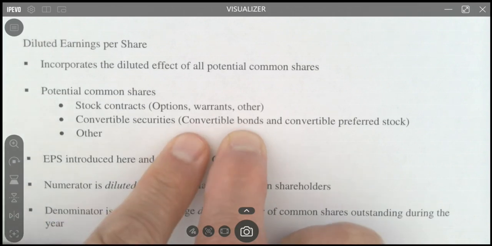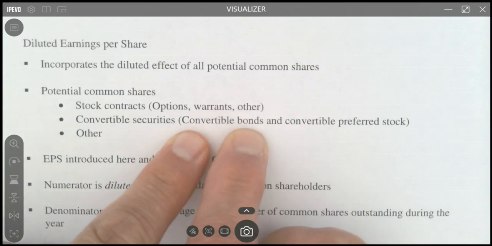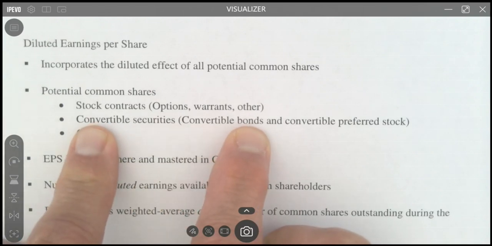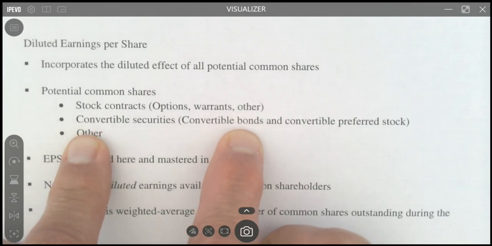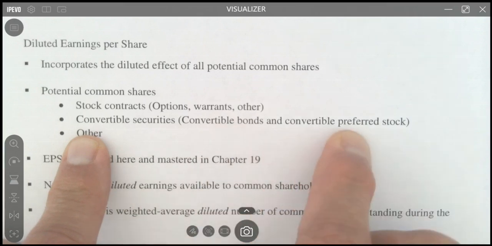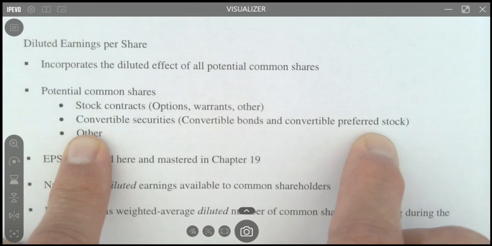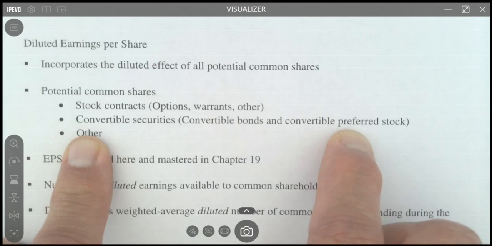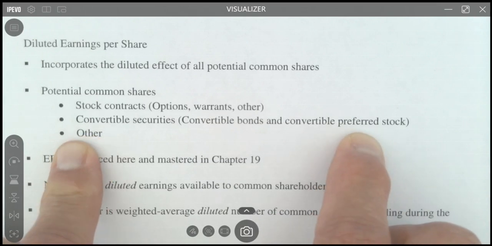But those bonds have a contract in them that the holders can convert them to common stock, common shares, based on some conversion metric. Convertible preferred stock is preferred stock right now, but it's convertible to common stock under some conditions at some point in time based on some metric.